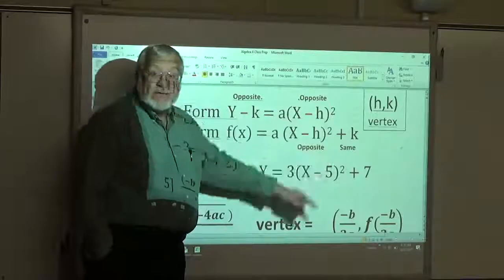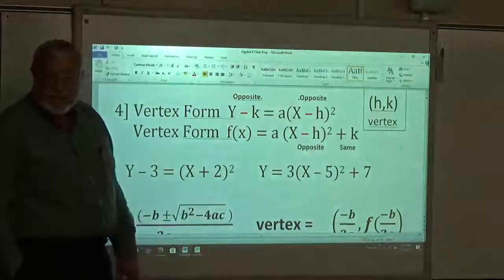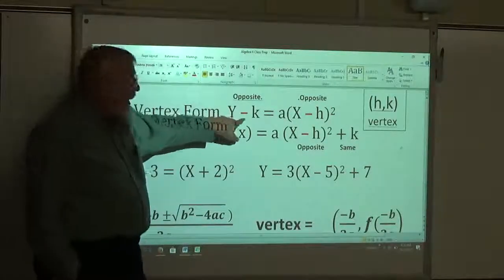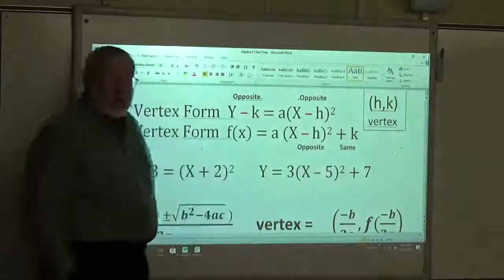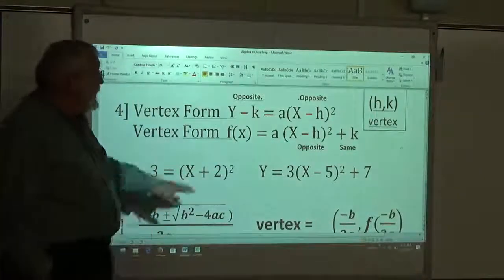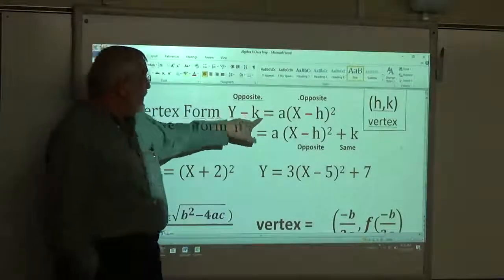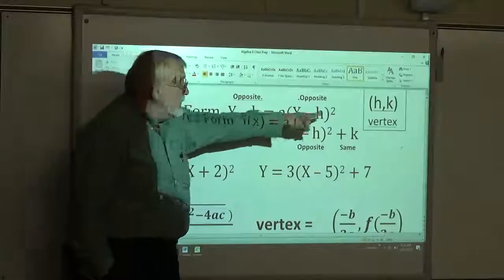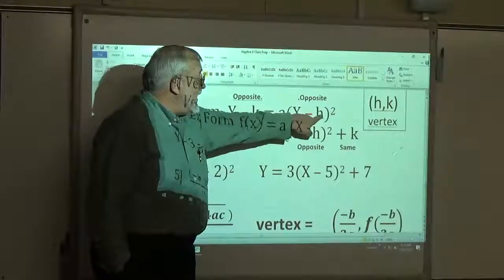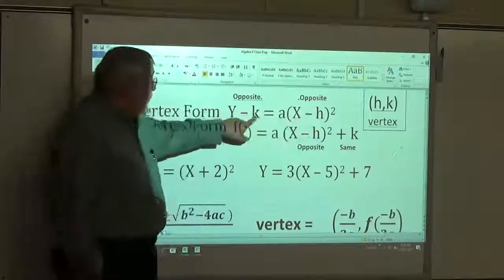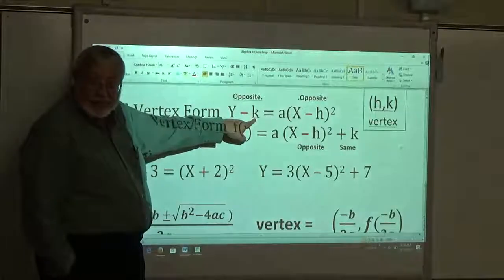Because that's squared, this is a quadratic equation, right? One number is first power, the other number is second power. Okay? Now, the vertex is an x of h and a y of k.